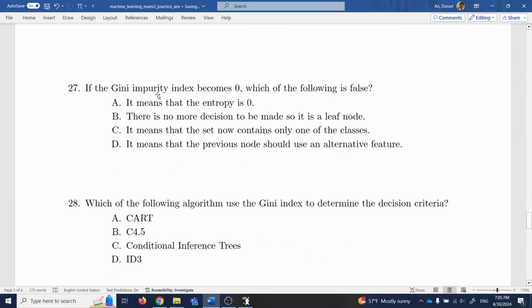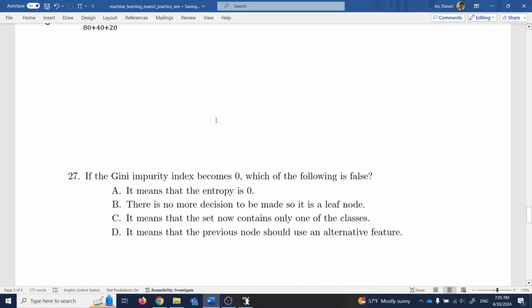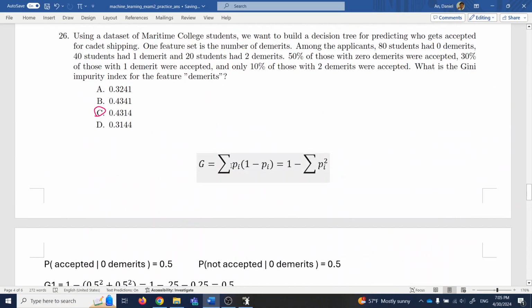If the Gini impurity index becomes 0, which of the following is false? Okay, well, we just saw that when the Gini impurity index is 0, that means you have only one possibility, which means you only have one probability, which is 1.